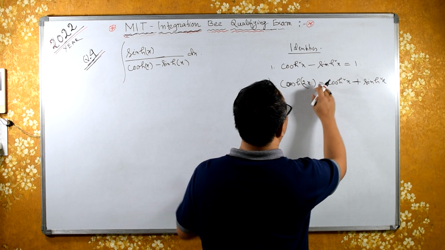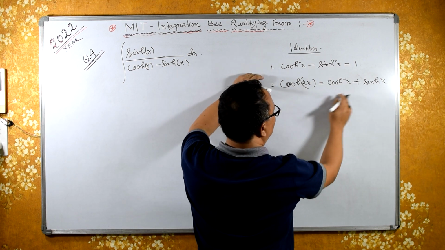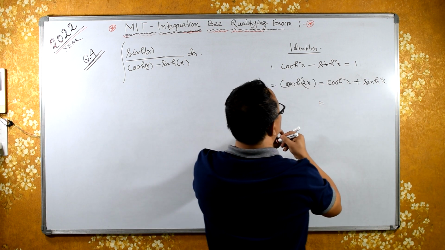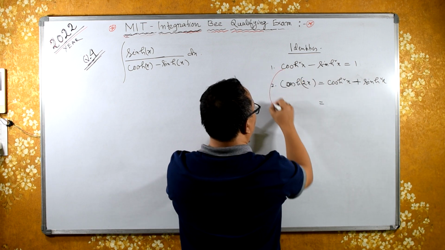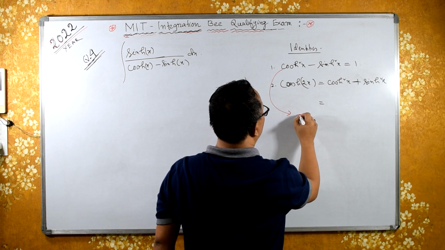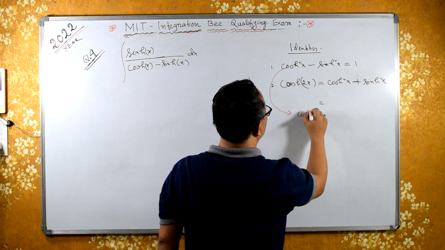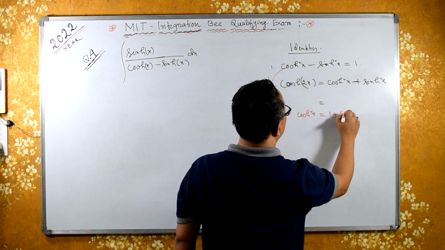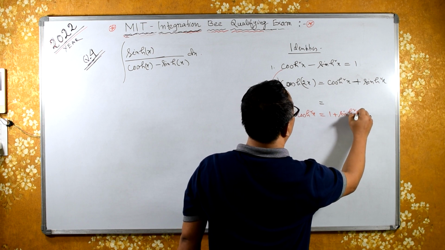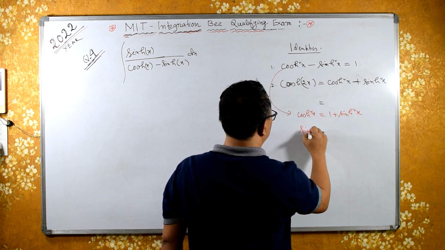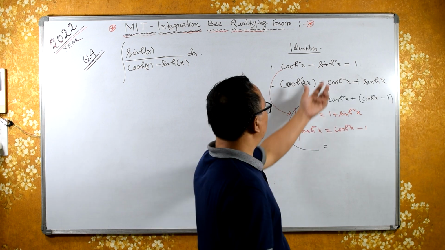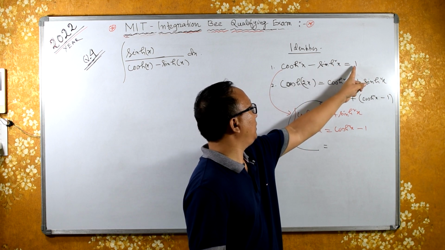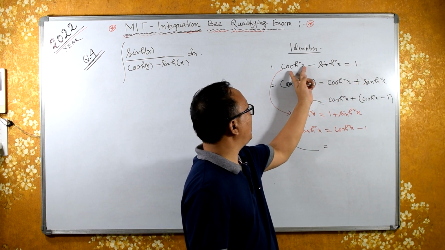Now from here, if I want sinh, if I substitute over here, I can say cosh square x equals 1 plus sinh square x, as well as sinh square x equals, if I send this side, cosh square x minus 1.